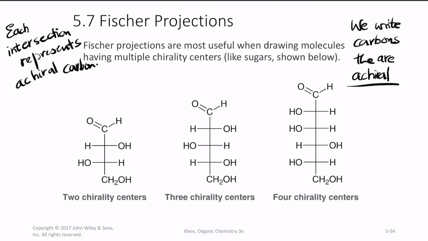Any chiral carbon is written as an intersection point, which means that this structure here has 2 chirality centers, this structure here has 3 chirality centers, and this structure here has 4 chirality centers.